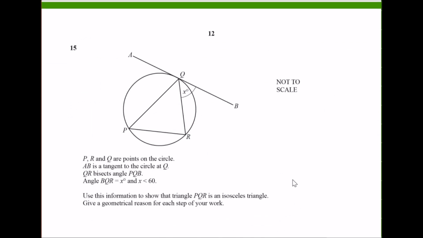Question number 15. It says P, R and Q are points on the circle. AB is a tangent to the circle at Q. QR bisects angle PQB.